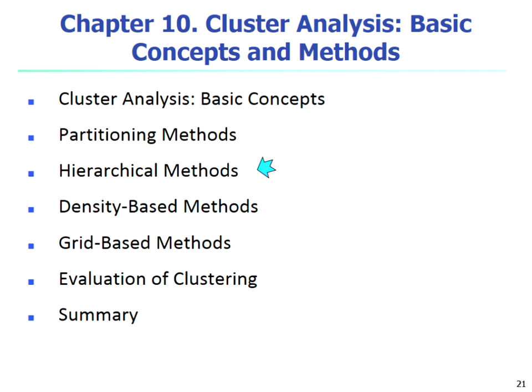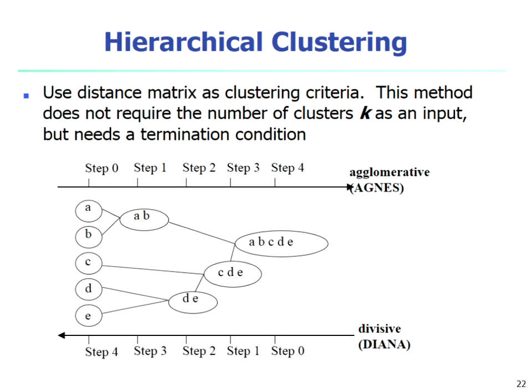Let's move now to hierarchical methods. So for hierarchical methods, there is a hierarchy. We will use distance matrix as clustering criteria, and this method does not require the number of clusters k as an input.